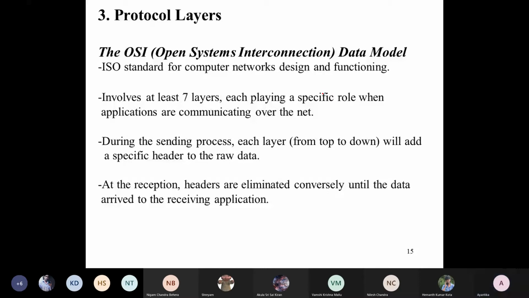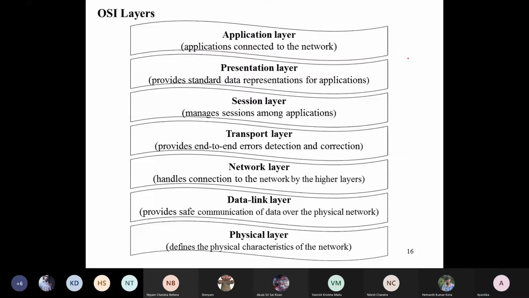And the OSI model is a typical general model that supports the layers of communication. Now, what does it mean by these 7 layers? Any way is possible. You can come from the application layer. It is easy to understand.